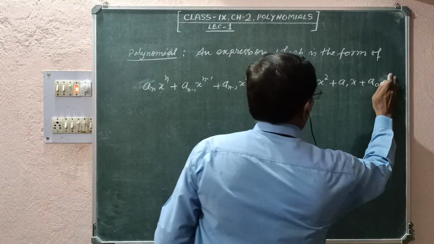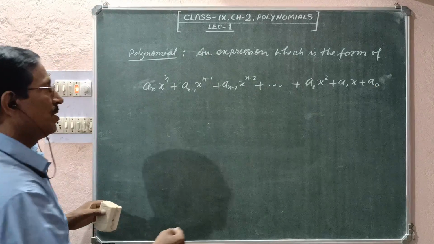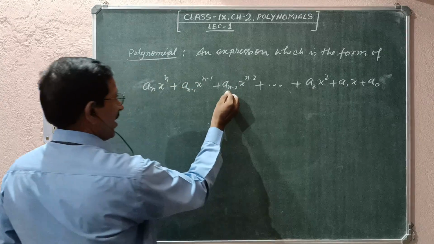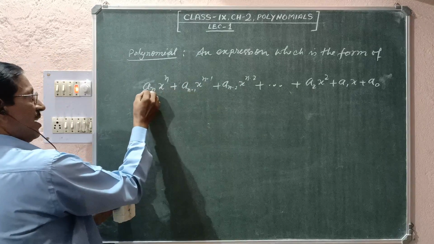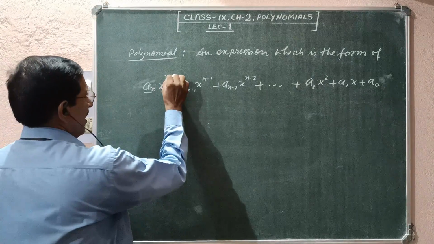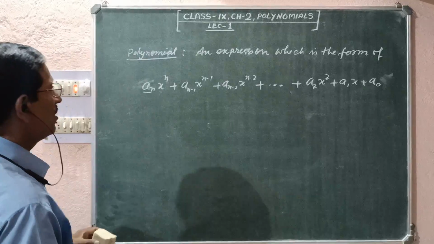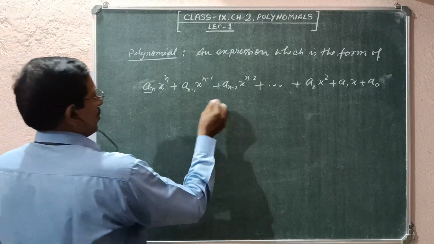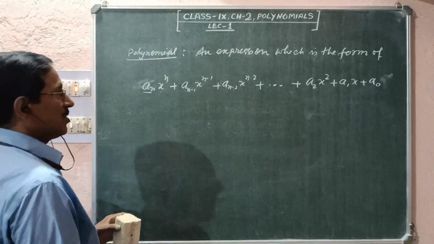So here a0, a1, a2, a n minus 2, a n minus 1 and a n are real numbers, and n is a whole number, and it is known as a polynomial.